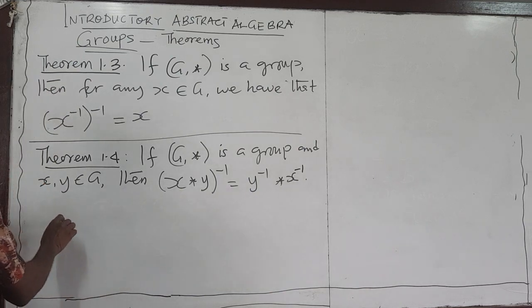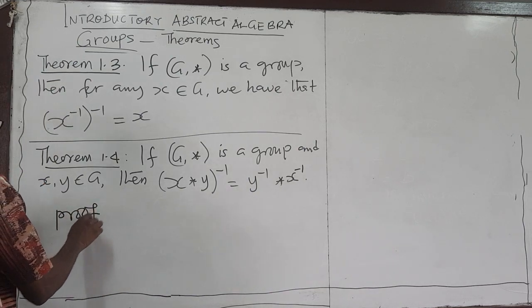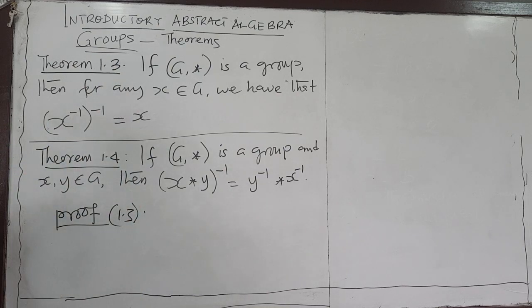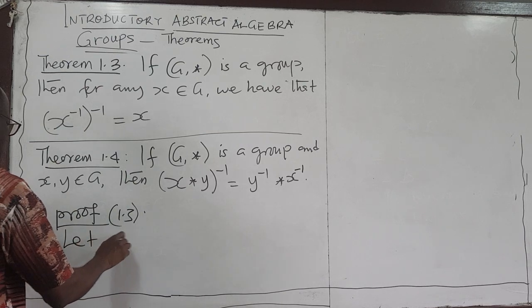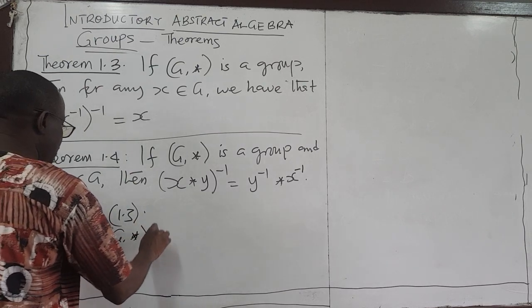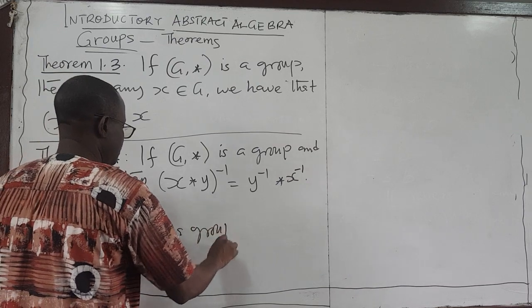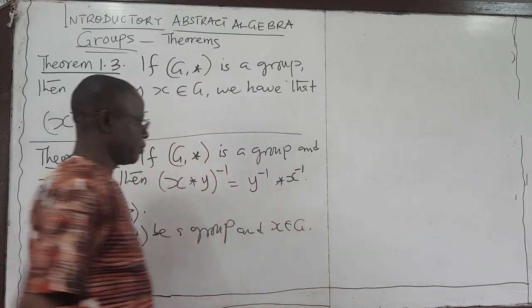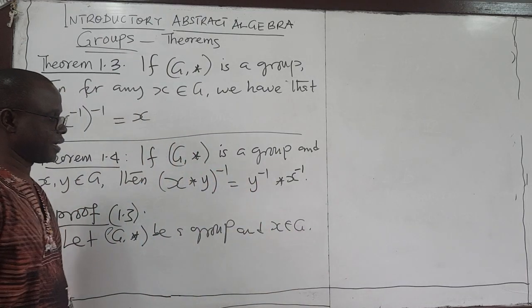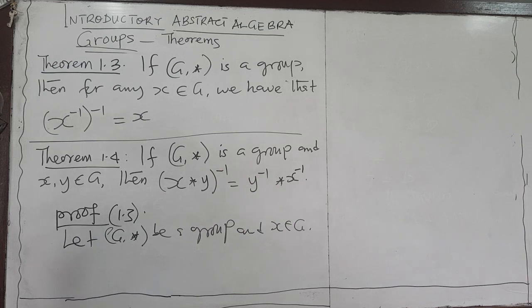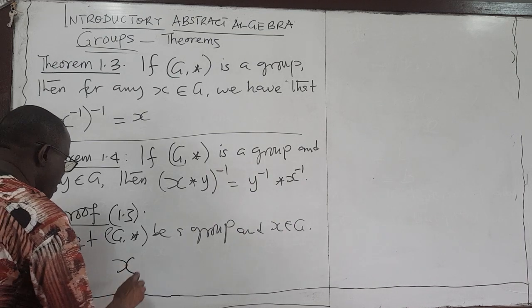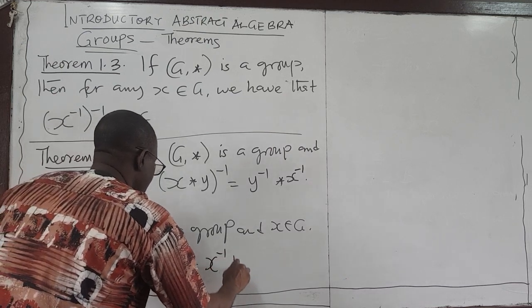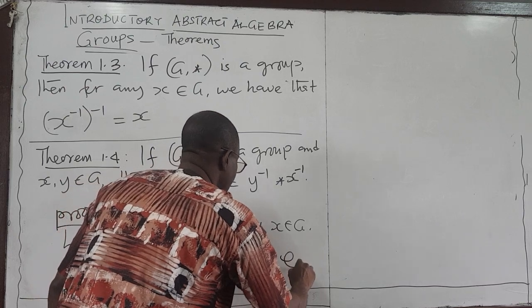Now let's start from here. Proof. This is for theorem 1.3. So let G be a group, and x be an element in G. Well, since G is a group, x definitely has an inverse, and if it has an inverse, then of course x star x inverse equals x inverse star x, which must be equal to the identity element e.